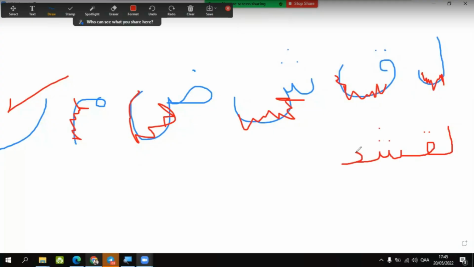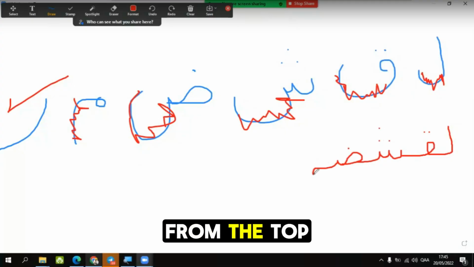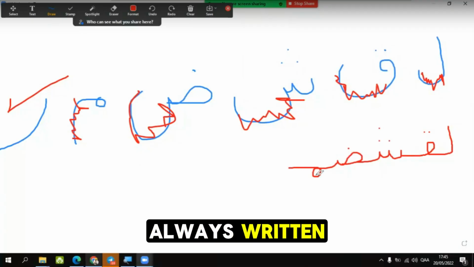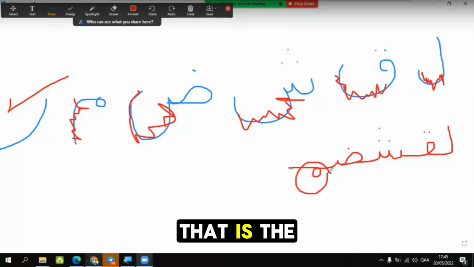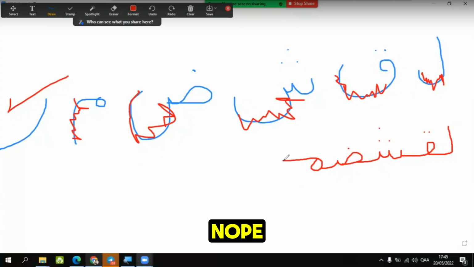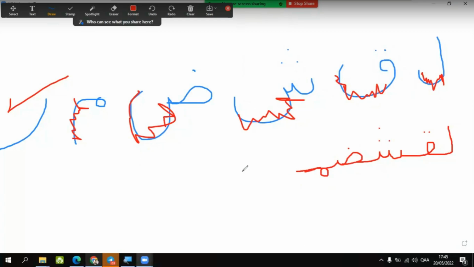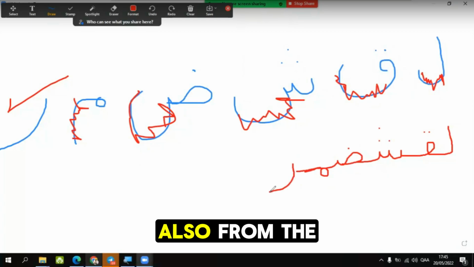Always focus that you catch it from the bottom. Then we have a meem. The dot catches it from the top, because the meem is always written under the line. We will not catch a meem like this. No. Catch it from the top, like this. So that is a meem with a hand. Then we have the ra, also from the top.